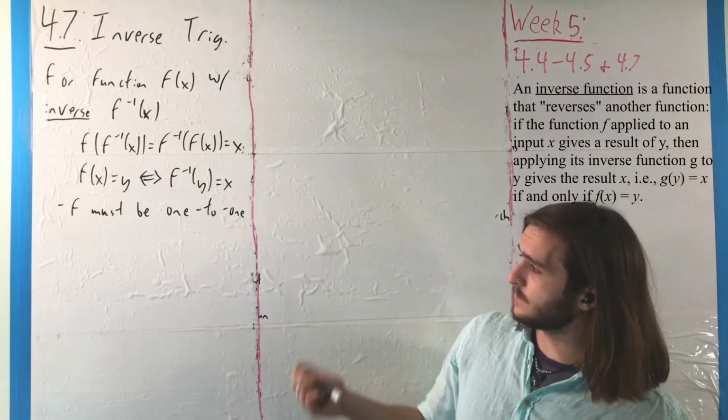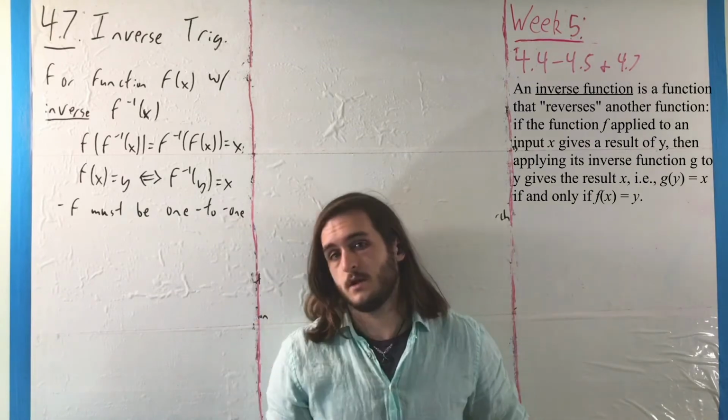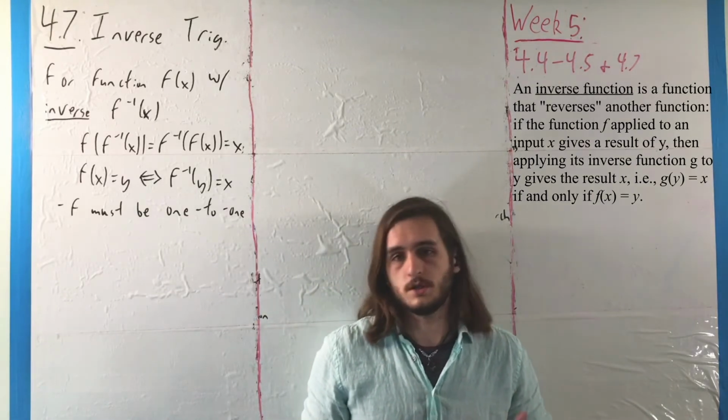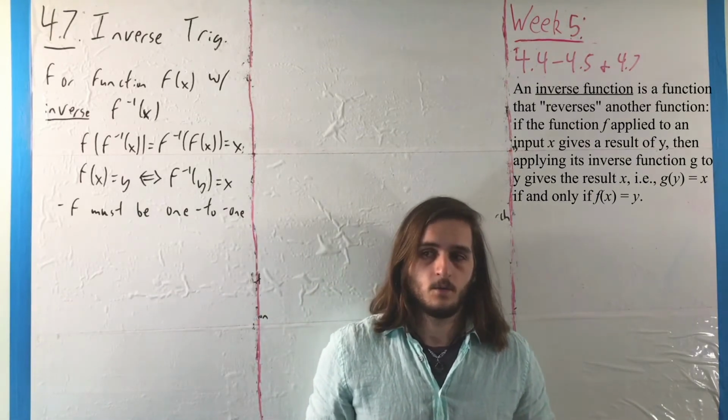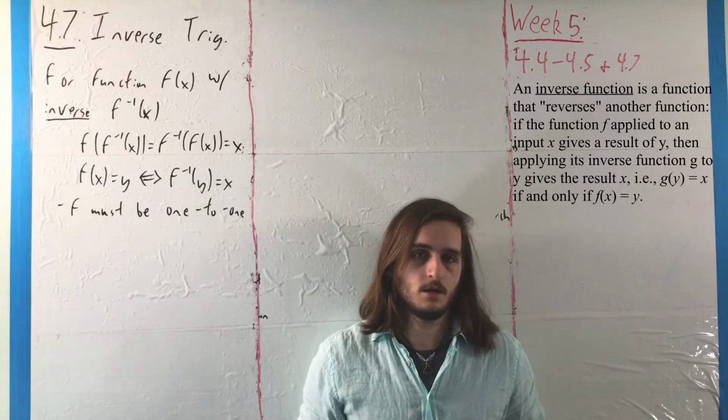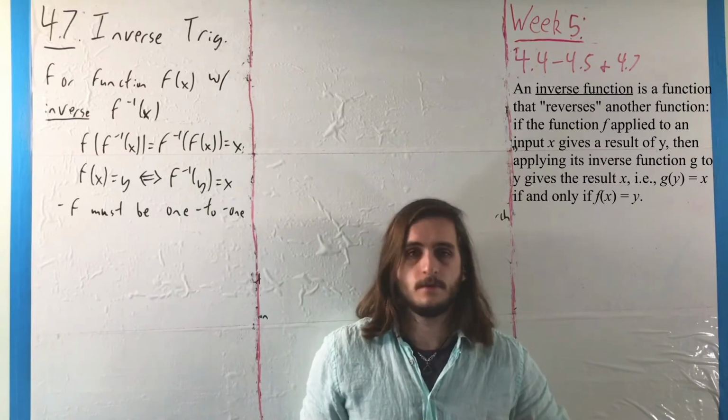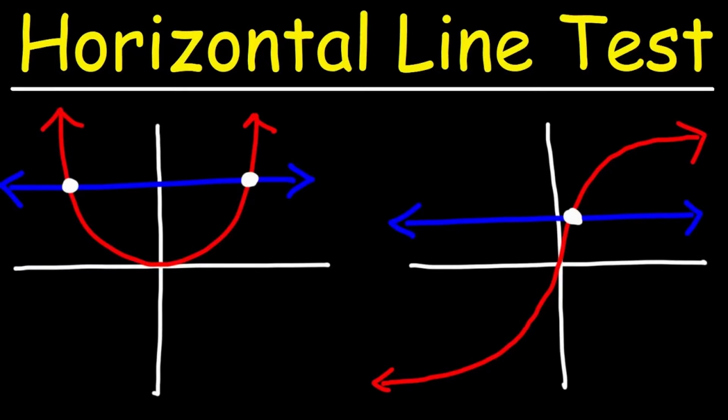So if we have some function f of x that is 1-to-1, that is, if we look at the function graphically, we get one unique output for every input. It doesn't fail the horizontal line test, as it were.